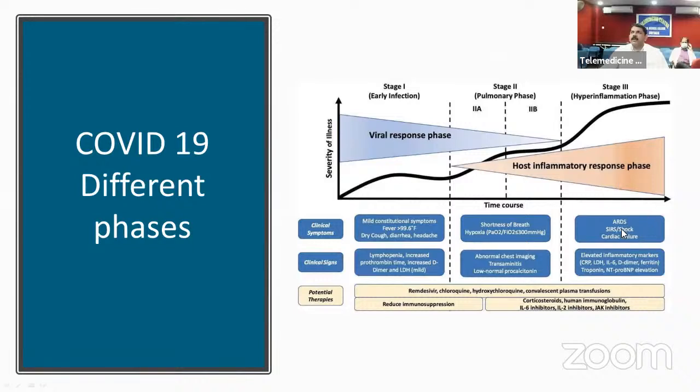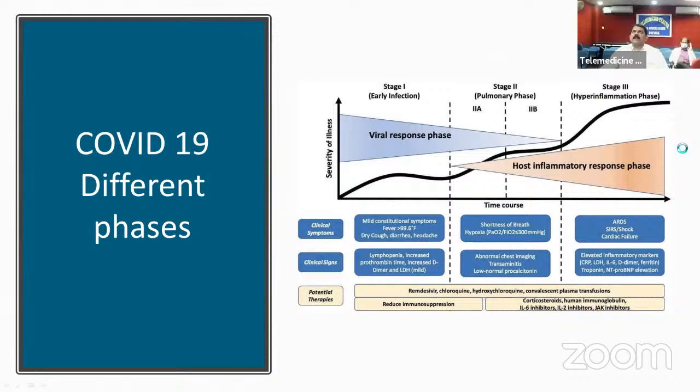So in this phase, we have ARDS, SIRS, shock, cardiac failure. And in investigation, you get elevated inflammatory markers: CRP, LDH, interleukin 6, D-dimer, ferritin, troponin, pro-BNP, etc. And here comes the role of corticosteroid, interleukin 6 inhibitors, etc.